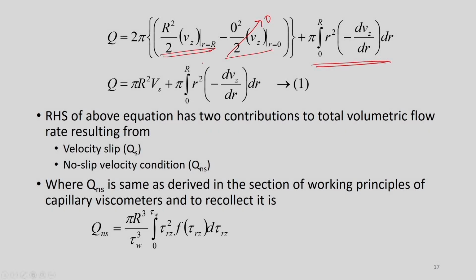But now we understand there is a wall slip that is going to influence the rheological parameters significantly. So we cannot take that; we are now considering the effect of the slip velocity.